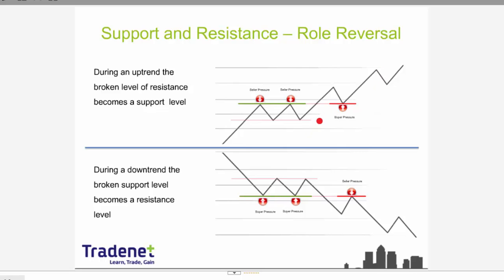What was earlier a resistance now becomes support, because most of the market participants, not all of them, but most of them, would come to this point and buy, anticipating that at this price they could buy at a lower price and therefore create a support. And if it is being supported right over here, then there's a very good chance it's going to continue higher.